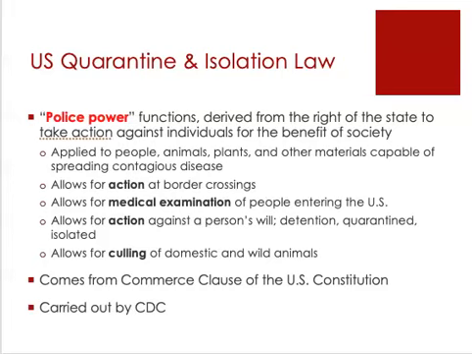These police power actions are especially granted at our borders. In other words, people who are coming across our borders into our country, legally or otherwise, we have this clause in the Constitution that allows authorities to do a medical exam on these people, whether they want that exam done or not.